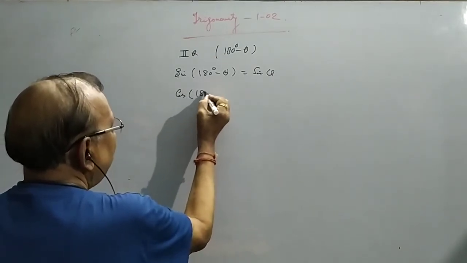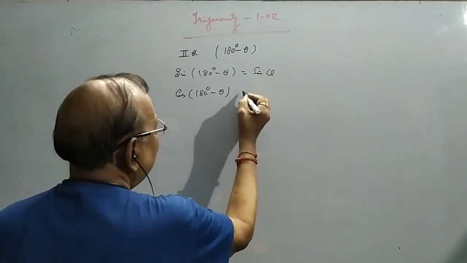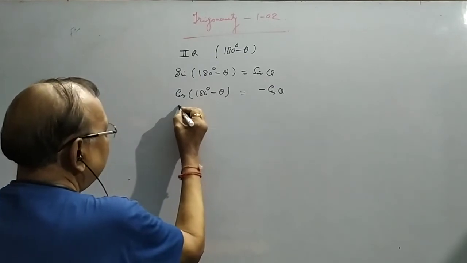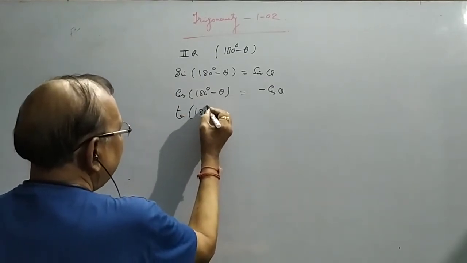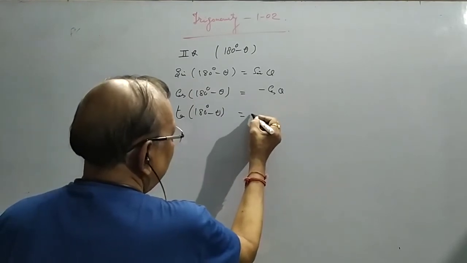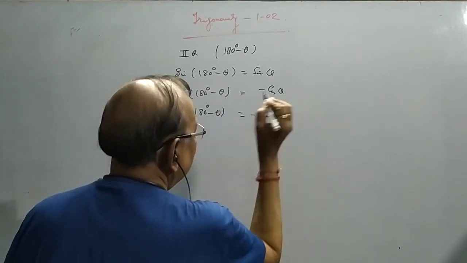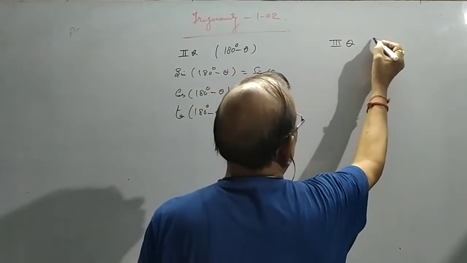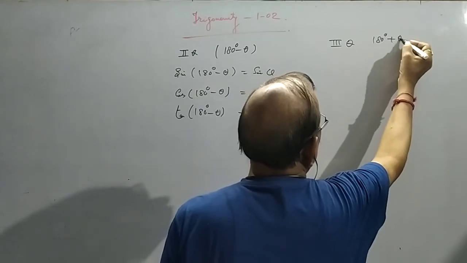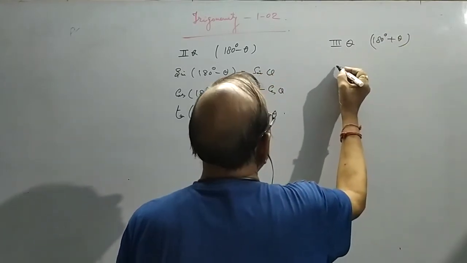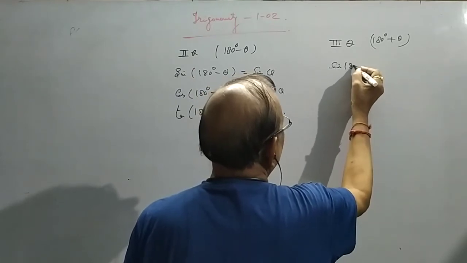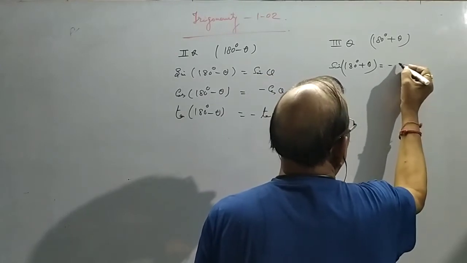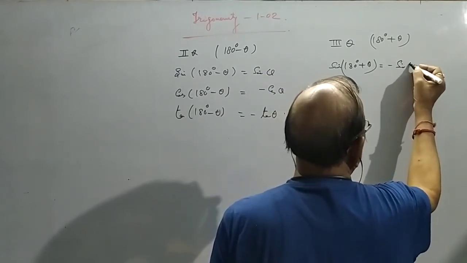Cos 180 minus theta, तो ये सेकंड क्वाड्रेंट में नेगेटिव होता है, that will be minus cos theta. Tan 180 degree minus theta is equal to minus tan theta. And for third quadrant, 180 डिग्री प्लस थीटा हो तो इसको लेंगे, दैट विल बी sin 180 degree plus theta will be minus sin theta, as it is in third quadrant, that will be negative.